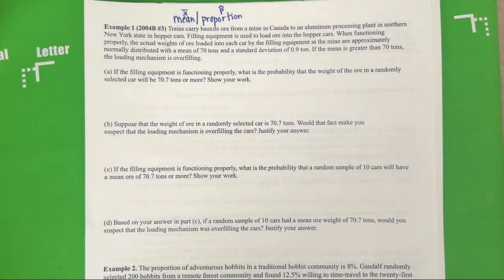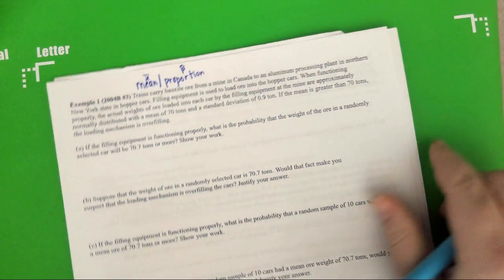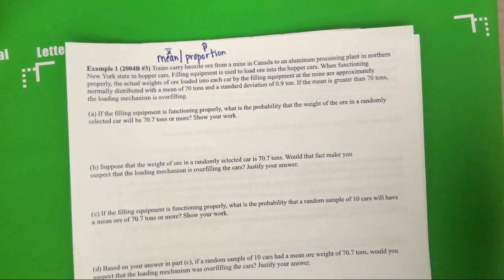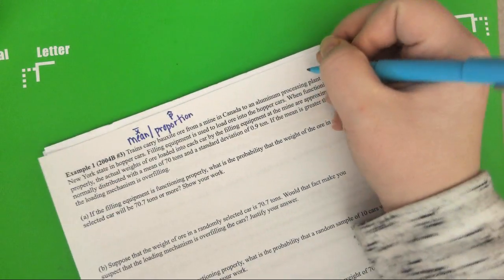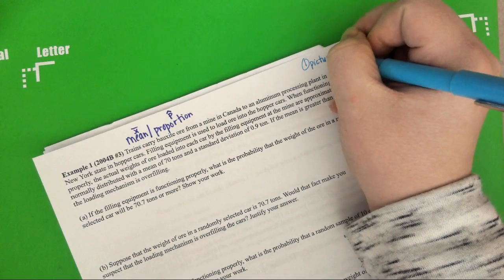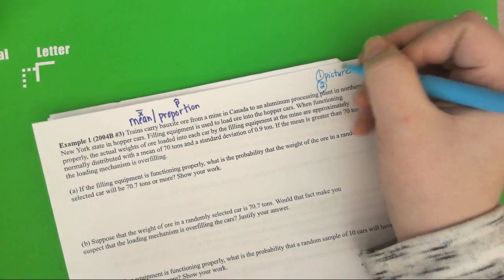Okay, so any problem I'm going to do, I try to do it in 4 parts. As always in life, if I can draw a picture, because we're going to check the conditions, but we're relating it back to a good old z-score. So I'm going to draw me a picture. I'm going to then do my z-score.